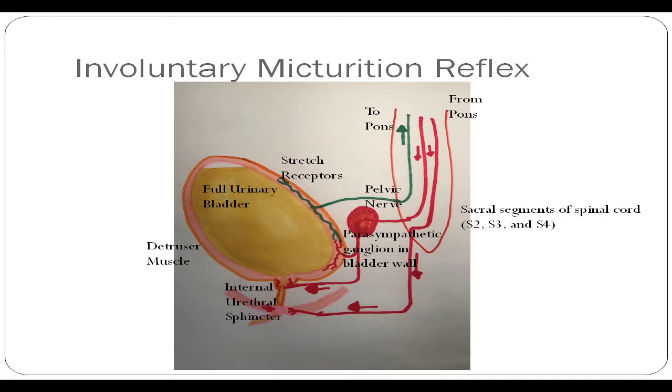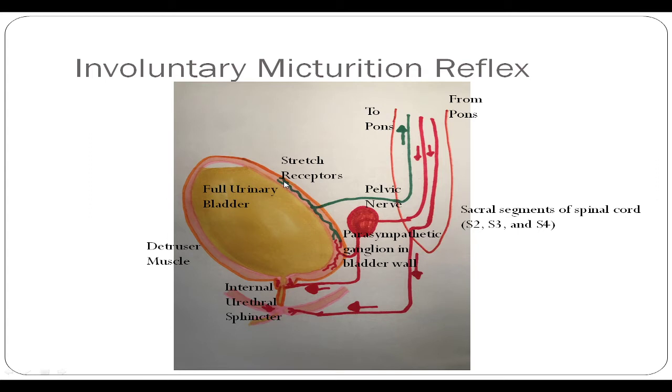The involuntary micturition reflex begins by the stretch receptors detecting the filling of the bladder. The stretch receptors here are the green lines, and here we have the full urinary bladder.